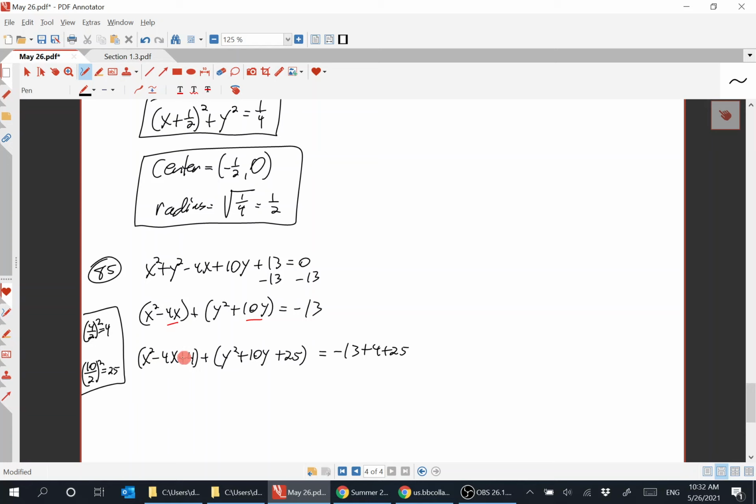So this right here is (x minus 2) squared. Right? 4 over 2 is 2. And 10 over 2 was 5. So this one is (y plus 5) squared. This over here is 29 minus 13 is 16.